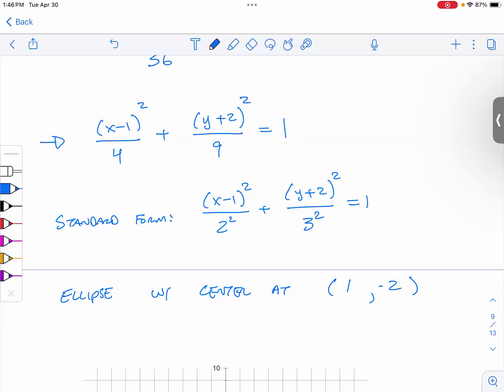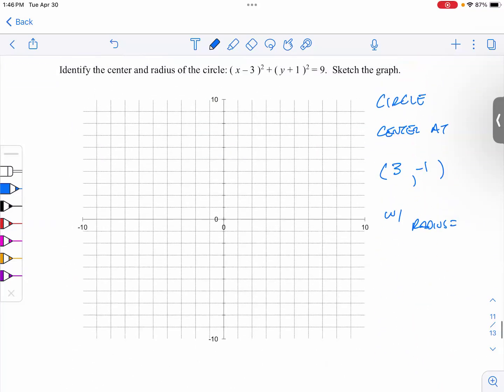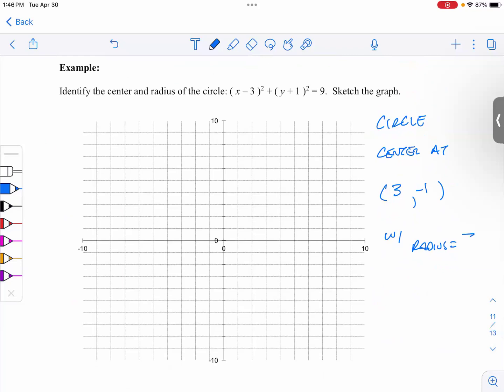They both have, quote, standard forms. And so 1, 2, 3, -1, and 1, 2, 3, 3. And so then we have a circle.